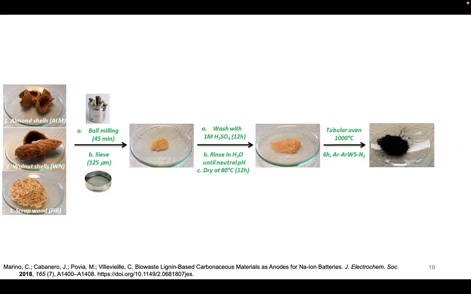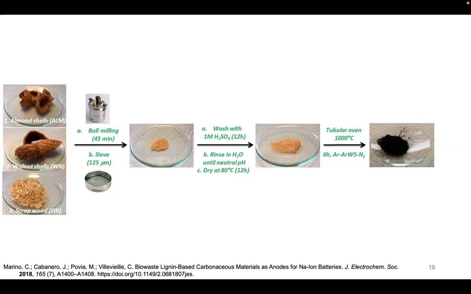And that's what you see here, some processing where you can ball mill and then sort through different sizes. You can wash with acid and then dry under argon and nitrogen in a stepwise fashion for several hours, and then you get these carbon products.